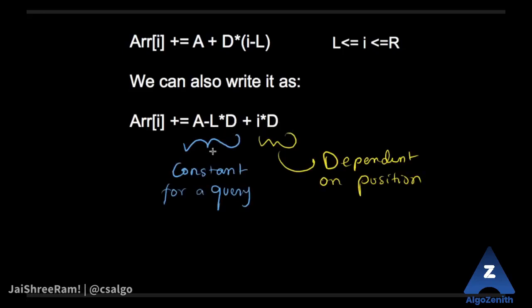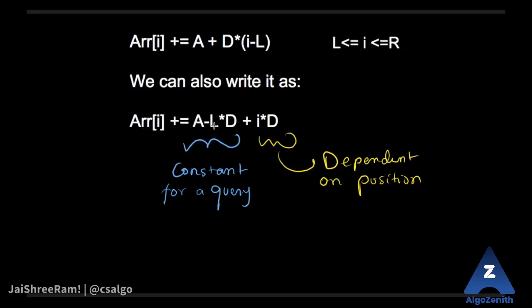Now this A minus LD part is constant for every query. Once you are given the query, the values of L, D, A are constant. So in the range L to R, every ARR of I gets the addition of this constant C.